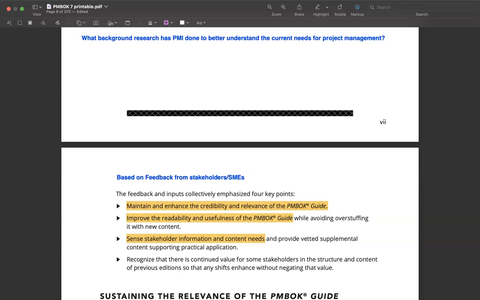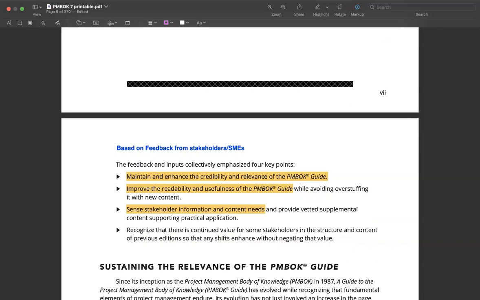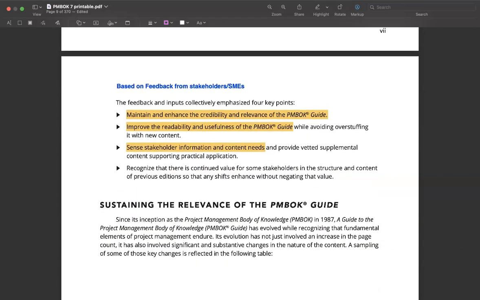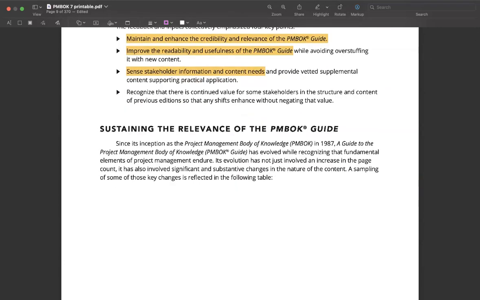So it says, sense stakeholder information and content needs and provide vetted supplemental content supporting practical application. Based on this feedback, this is the change that they have made. I'm going to get into the changes in a little more depth, but broadly just understand that the PMBOK is now more high level as compared to what it was in the previous edition, which was more prescriptive.